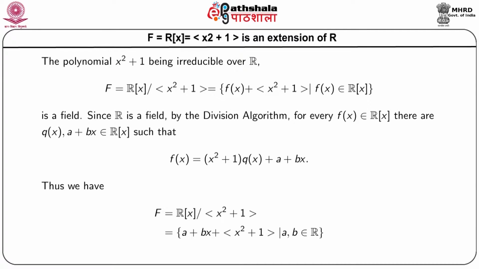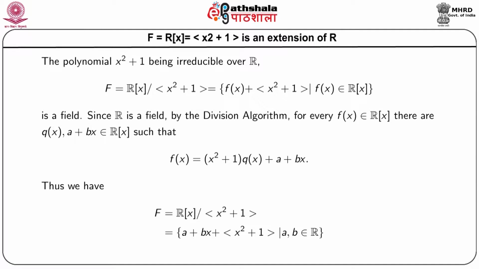Since R is a field, by the division algorithm for every f(x) in R[x], we have some q(x) and a plus bx in R[x], such that f(x) is equal to (x square plus 1) q(x) plus a plus bx. Hence f(x) minus (a plus bx) belongs to the ideal generated by x square plus 1, which shows that the element f(x) plus the ideal is identical with the element a plus bx plus the ideal.